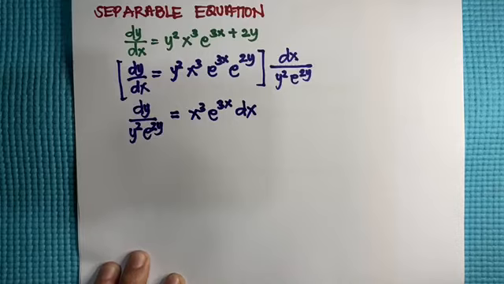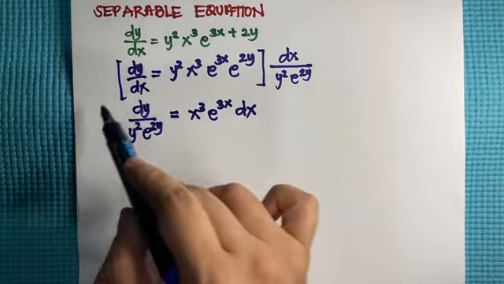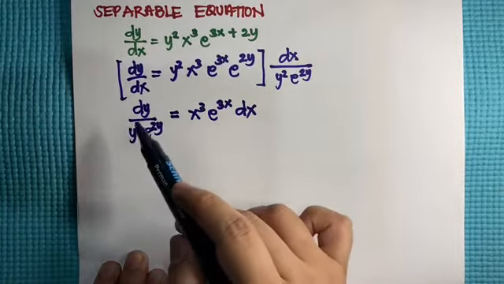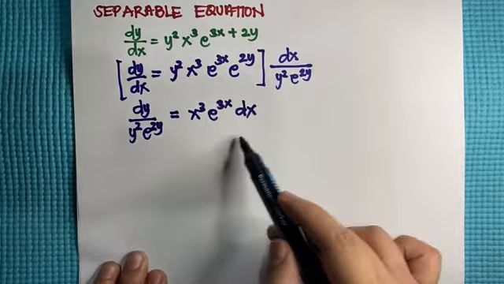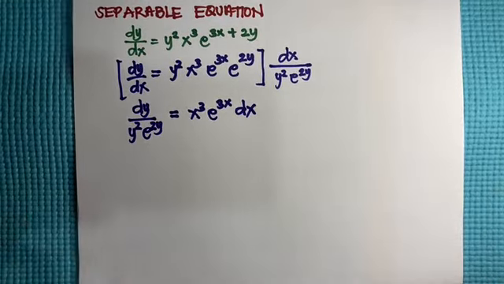As you can see on the transformed equation, we were able to separate all y's on the left hand side of the equation and all x on the right hand side. So in such a case, that is a separable equation.